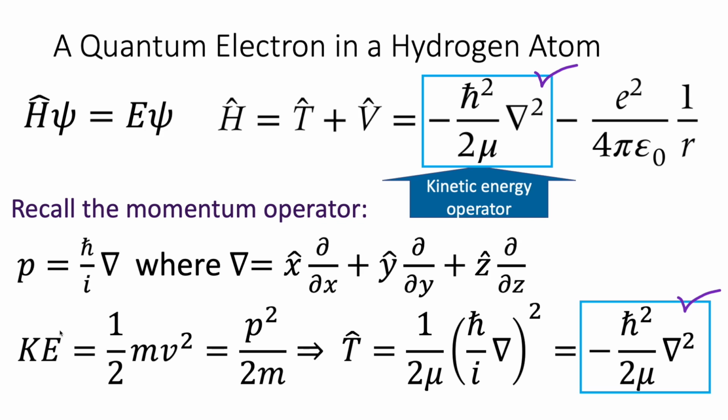We defined that a few slides before for mu, but it's a combination of the two masses involved. So you can think of mu as a reduced mass, but still a mass. So it's 1/2 times the mass, and that's the same as p squared over 2m. We've got a 2m in the denominator, and then our p squared becomes the momentum operator multiplied by itself.